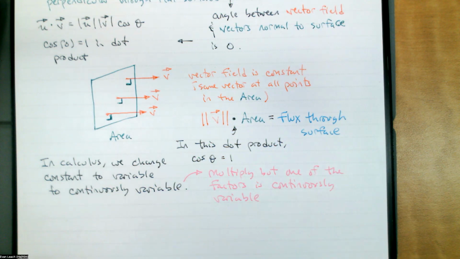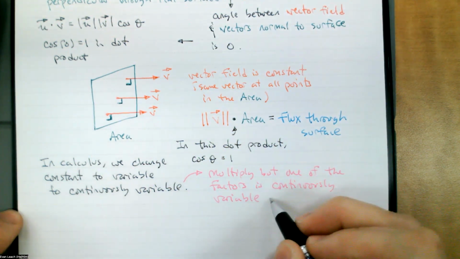We're trying to multiply, but one of the factors is continuously variable. We're trying to add.